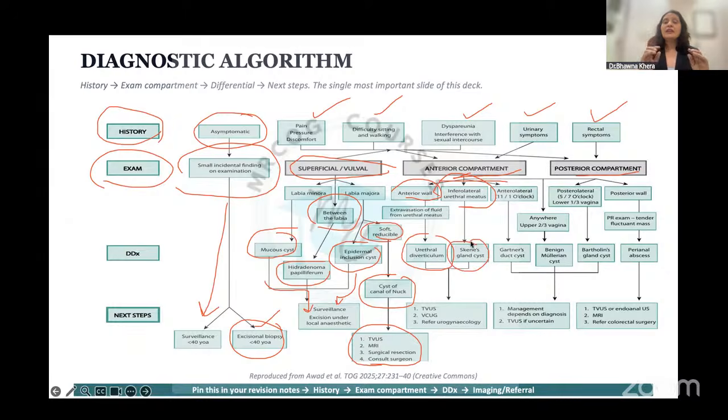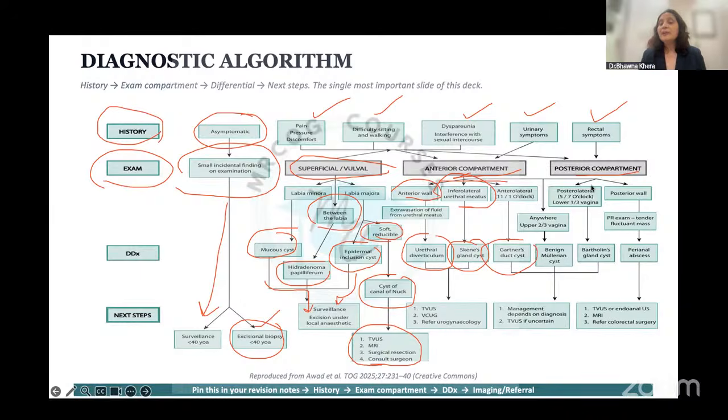The urethral diverticulum will be in the center, Skene's glands on both sides laterally, and if it is more lateral in the vagina, you can suspect a Gartner's duct cyst.